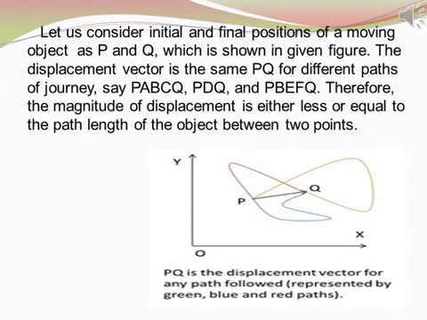Therefore, the magnitude of displacement is either less than or equal to the path length of the object between the 2 points. From this figure, PQ is the displacement vector for any path followed. These paths are represented by green, blue and red marks.